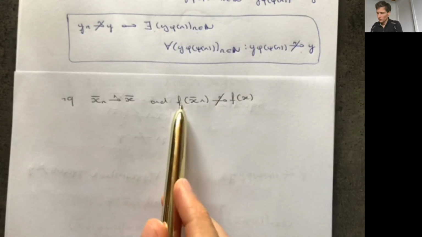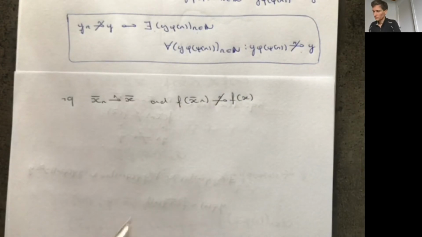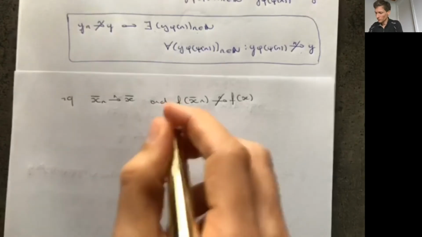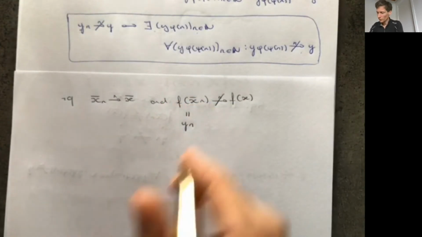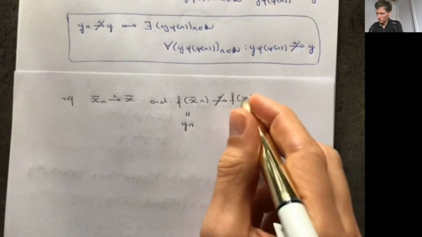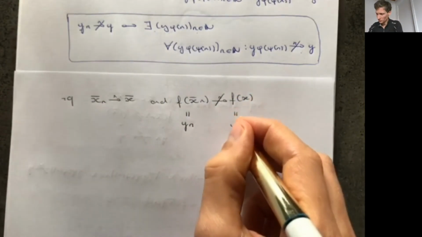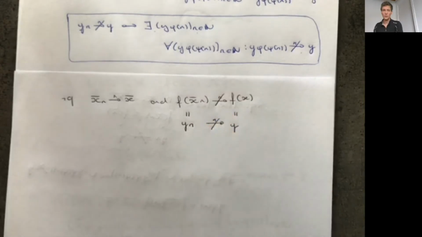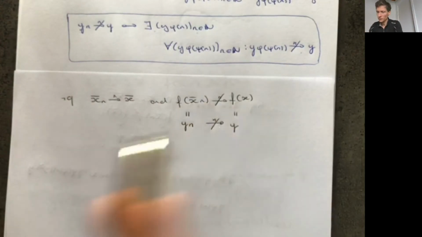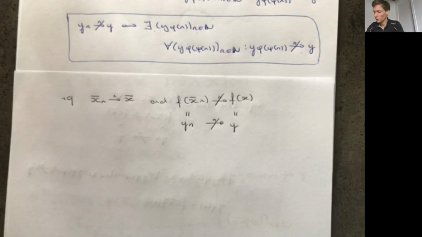Now, f of xn is simply a number, and f of x is also simply a number. So let's write f of xn as yn, and let us denote the number f of x as y. Then this simply says that yn does not converge to y. Okay, so far I have done nothing new. I'm just redefining f of xn and f of x as yn and y.